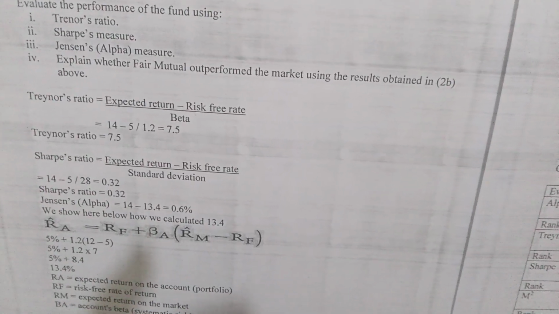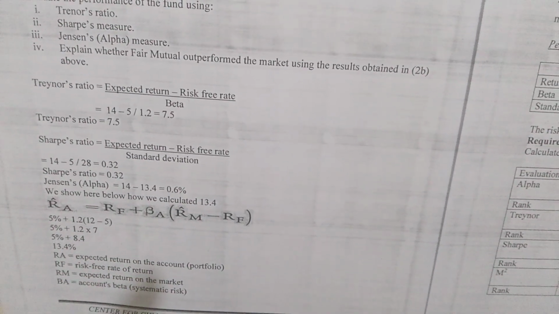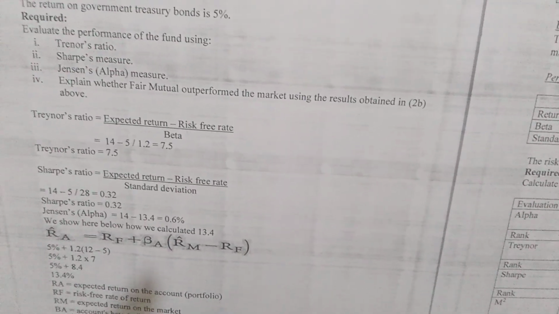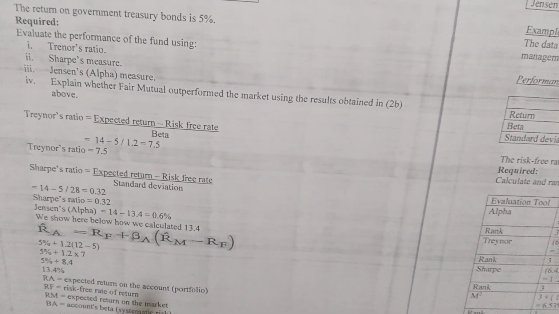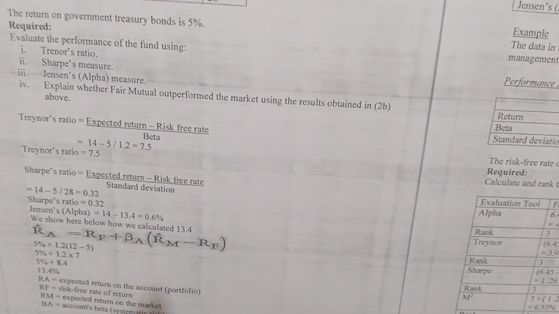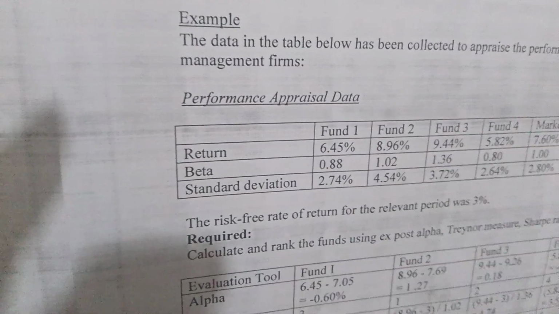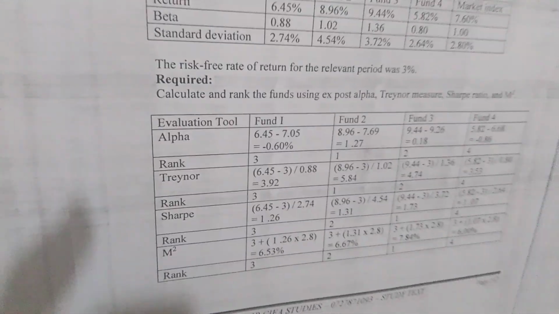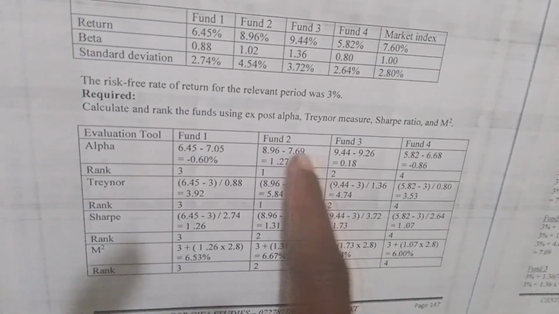So up to that, I think I should leave the rest to you. So I've done for you Treynor's ratio and Sharpe's measure. Now try Jensen's. I've told you Jensen's is the same as alpha. It's the same as the question which we have just done there, where you are calculating the alpha this way.